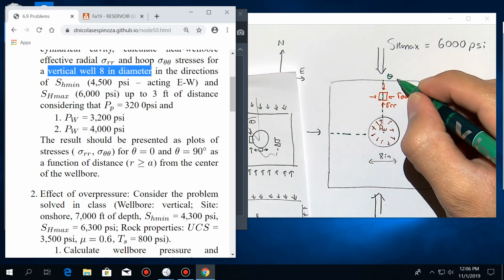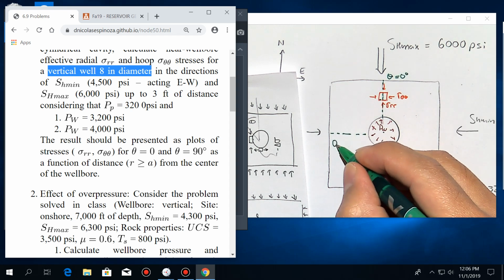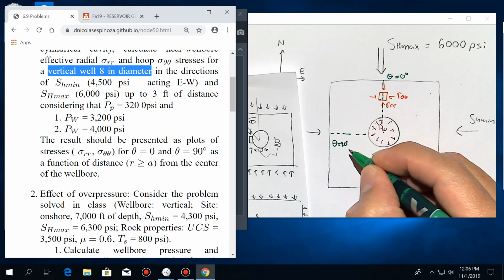This is going to be theta equal to 0 degrees, this is going to be theta equal to 90 degrees.